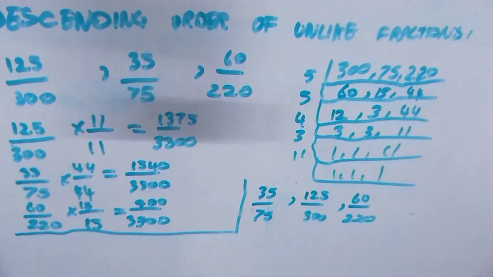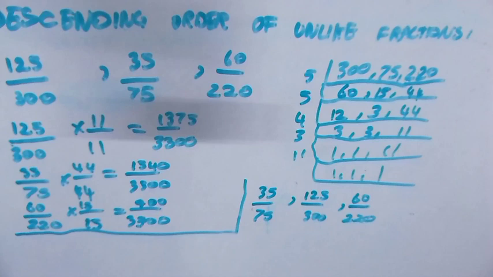So should we just write the smallest number 900 by 3300 first? No, this is the descending order, so we got to come from the greatest number, which is 1540 numerator. So this is 35 by 75, so I've written this here, 35 by 75. Next we have the second largest fraction, which is 1375 by 3300, and the original fraction of it is 125 by 300, so I've written it here in the second version.